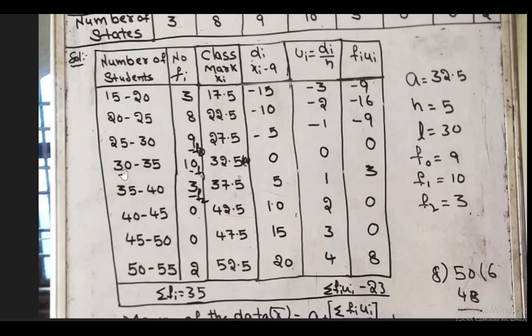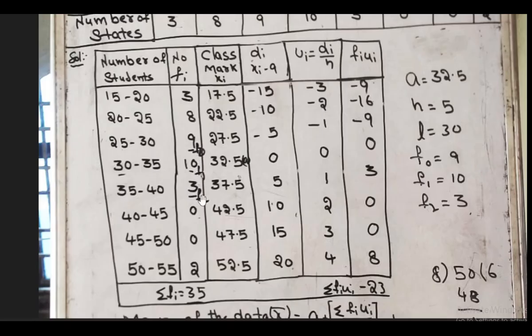From the modal class, the lower boundary 30 is required for our mode solution. That's why we are taking the L value as 30. Then the frequency preceding the modal class is 9, that is F0. The frequency succeeding the modal class is 3, that is F2.